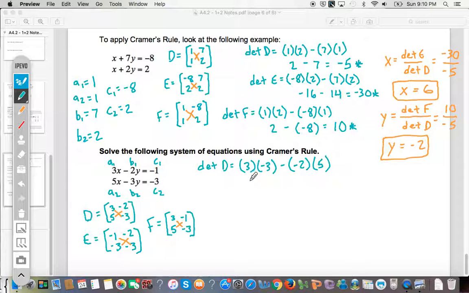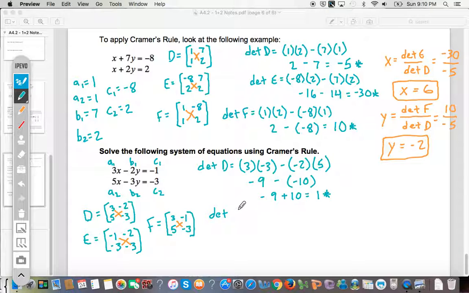Okay, so 3 times -3, that's -9, minus -2 times 5, put in parentheses here, -10. So this equals -9 plus 10, which happens to be 1. Okay, so I'll star this, just so I remember it for later, don't lose track of it.